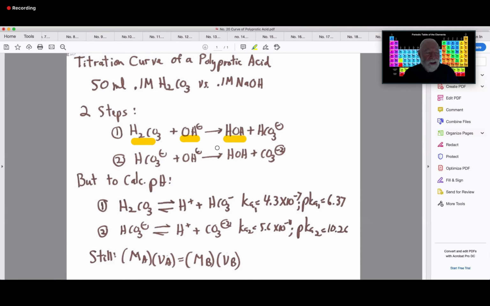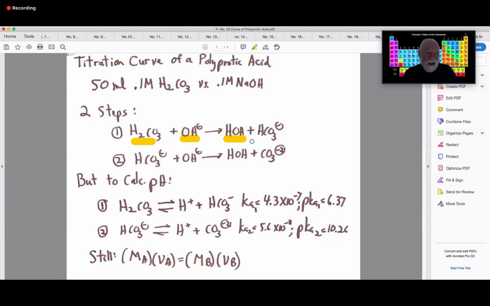So hydroxide is going to take off the first acid hydrogen of every single carbonic acid molecule first. You might recall that when you have a polyprotic acid, the first acid comes off the easiest, and it's harder after that. So the hydroxide is just going to react with the first acid hydrogen of every molecule of carbonic acid to form water.